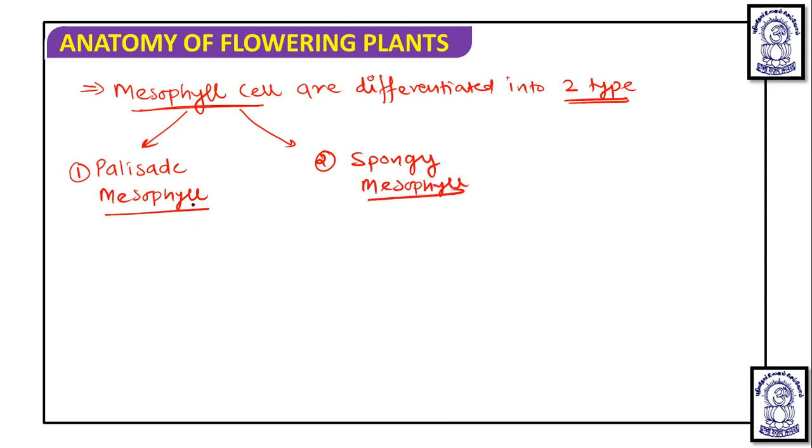When we see in the diagram, this palisade mesophyll is also known as palisade parenchyma because they are made up of parenchymatous cells, whereas spongy mesophyll is also made up of parenchyma, so they are known as spongy parenchyma.